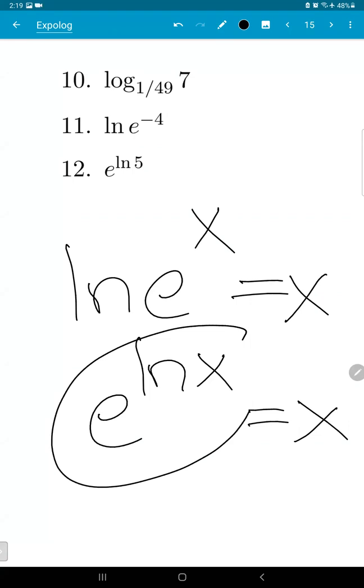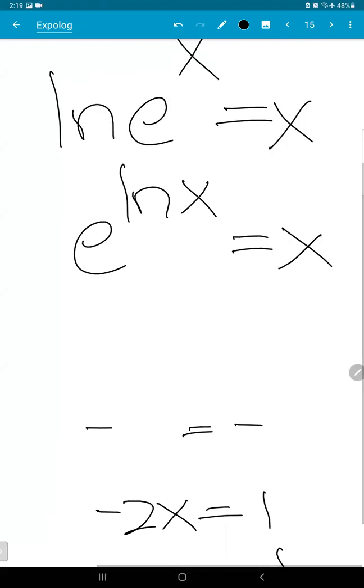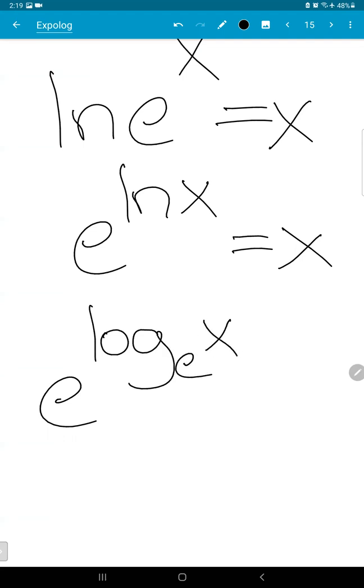This one means you're raising the base e to the natural logarithm of x. Maybe confusing to you, but okay. If you define it, this means the exponent to which I should raise e to get x, right? So if I raise e to that, I get x.